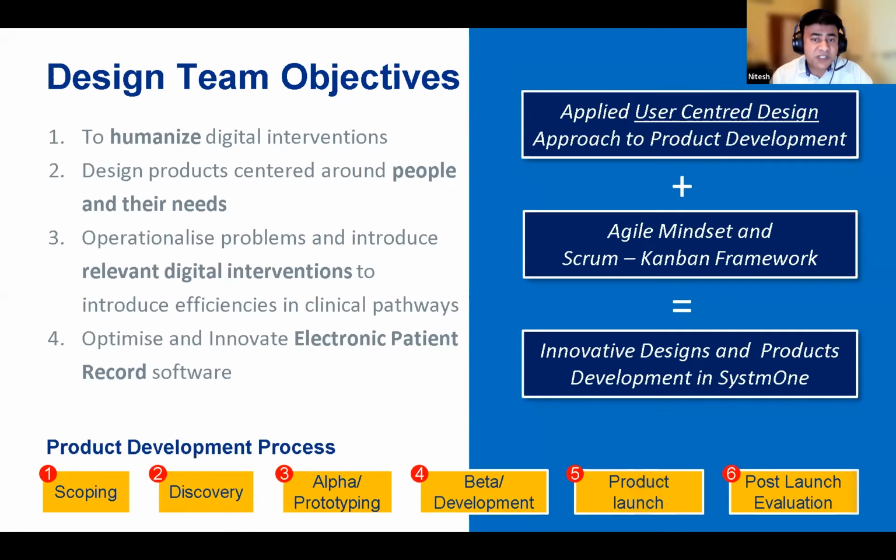And this map at the bottom of the page, most of you will be familiar with it. We follow a typical product development life cycle here, starting with scoping. So just trying to understand before we start working on a project, why are we doing what we are doing? That helps us feed into creating a vision and roadmap, followed by a comprehensive discovery or research, which feeds into the conceptual design, or we call it alpha or prototyping, which is a co-design activity with our stakeholders.